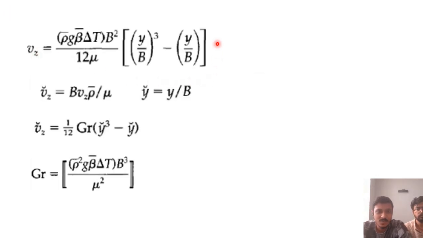So now this velocity expression is converted into dimensional form. How will we convert this? We can write vz as vz dash times rho bar by mu. Now this will convert the velocity into dimensional form, and y dash will be y by b. So in place of y by b, we will write y dash, and in place of vz, we will write vz dash.